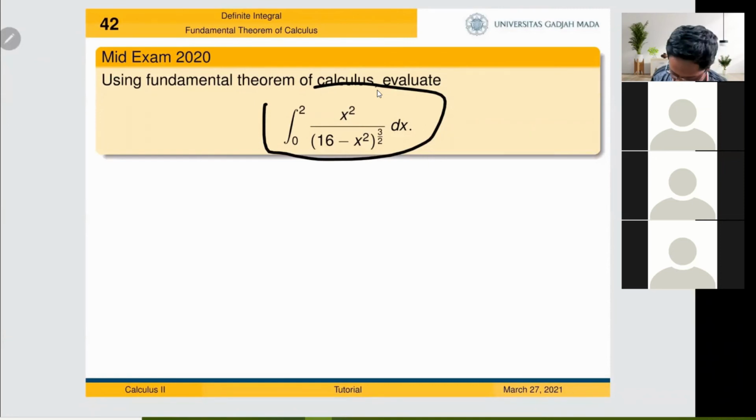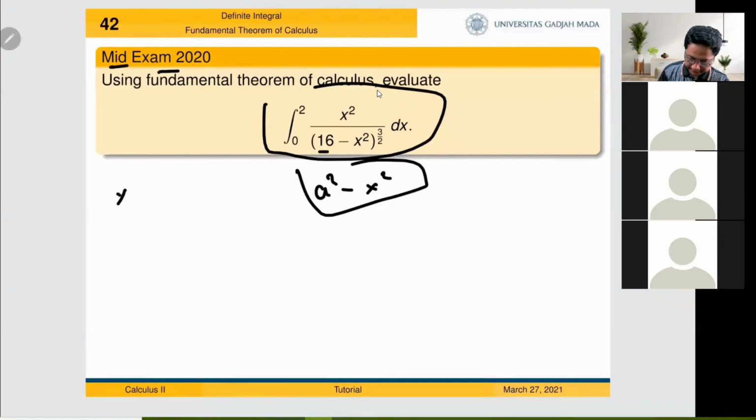Okay, next. This is the mid-exam 2020. So I give the idea. For example, like this. If you have a square root of 16 minus x squared, what you have to do is substitute x = 4 sin u.